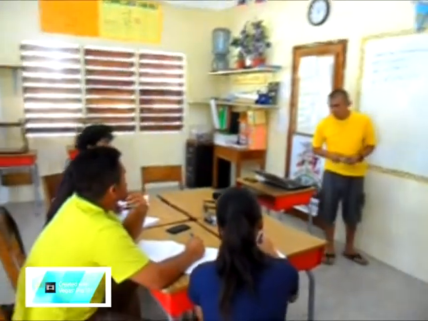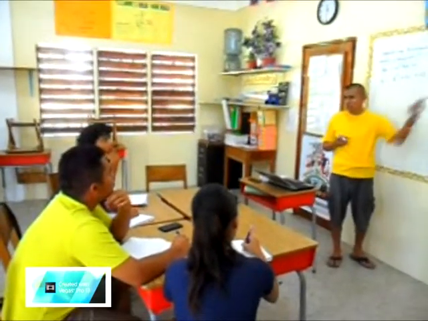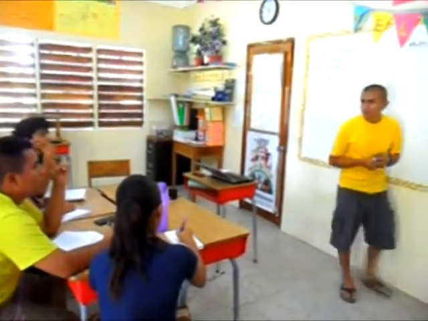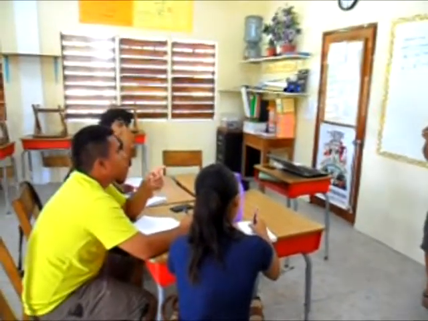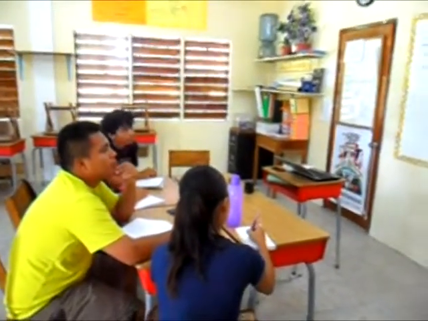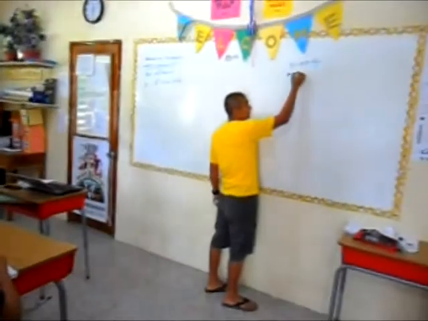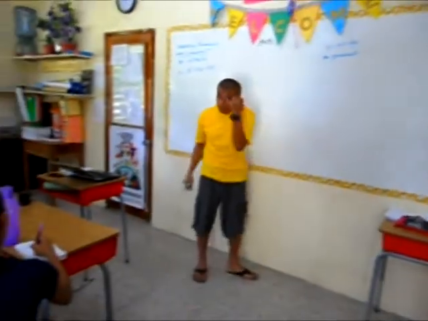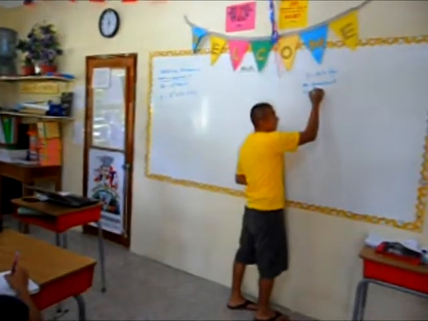What did we use to sketch the linear function? Mr. Britannia? The constant and then the gradient. We had the knowledge of the gradient, which is represented by the m, and c, the constant.